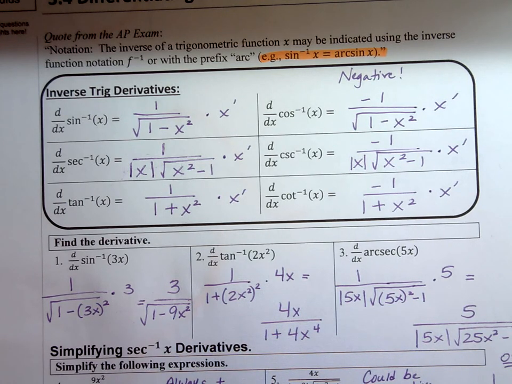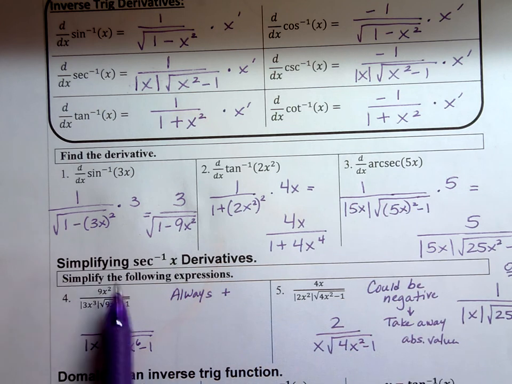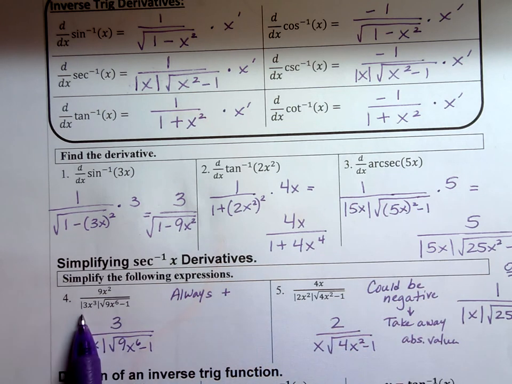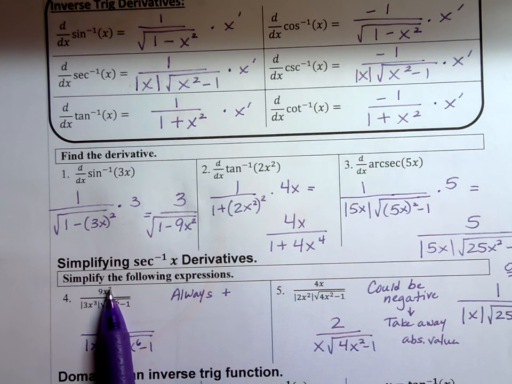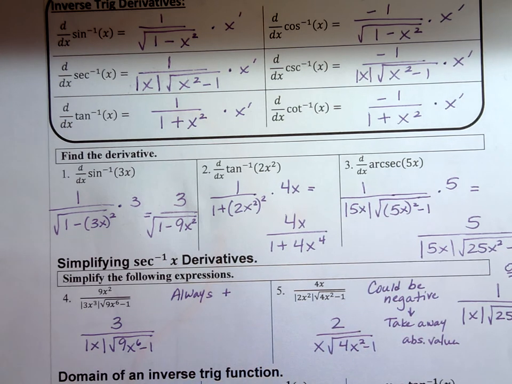This could be negative, an x cubed, right, an odd power, except the problem is that then I'm taking the absolute value of that. So I have an always positive over an always positive, and so therefore my answer is going to be always positive, and I'm reducing. 9x squared over 3x cubed gives me just an x with the 3 on top, and then you've got your root. So it's really just the outside pieces that you're reducing when you reduce these.